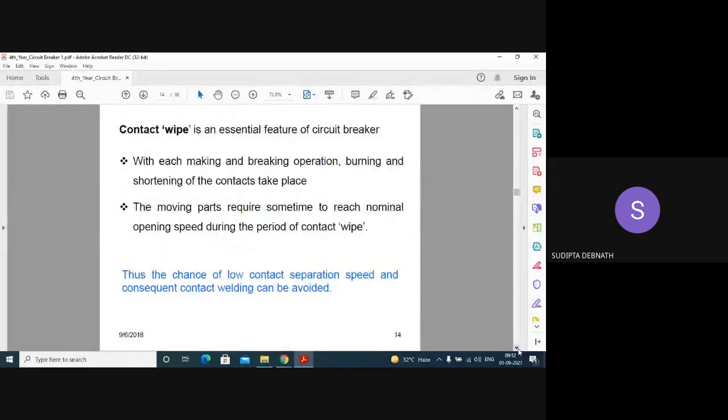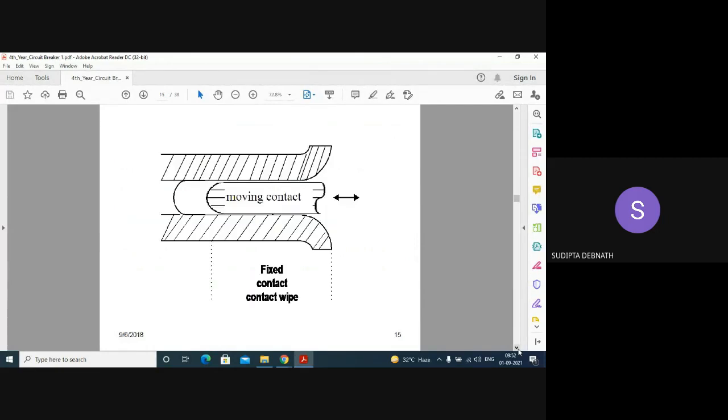Now, contact wipe. We go through the figure, it will be clear. This shaded portion is the fixed contact and this is the moving contact. When there is a fault, the moving contact separates out from the fixed contact. It is not like the moving contact is connected only at the end, because then it may be dangerous, as any moment it may get open.